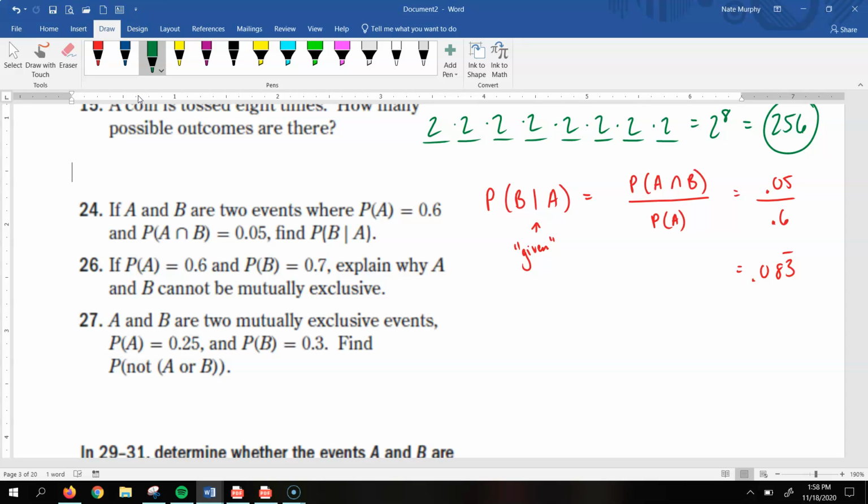Now, just because they add up to less than 1 also does not mean that they're mutually exclusive. To show you, we could have a scenario where 0.4 is in A, and in B we have 0.3, and there's an overlap of 0.05. That means in just B we'd have 0.25, and in just A we'd have 0.35.